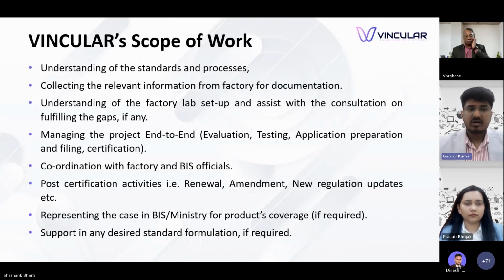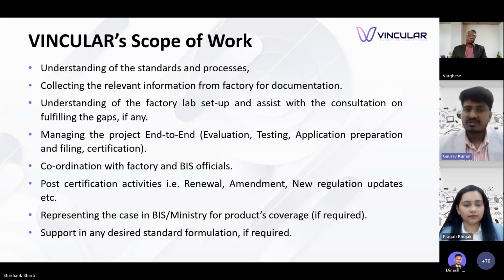So these few points which we have listed pertain to the scope of work in order to carry out successfully the ISI mark certification scheme. Team Vincular is well versed with the understanding of the standards and processes, collecting the relevant information from the factory for proper documentation, understanding the factory lab setup, and if there is any shortfall in the in-house setup, having those gaps fulfilled in terms of the in-house laboratory or in-house manufacturing setup.